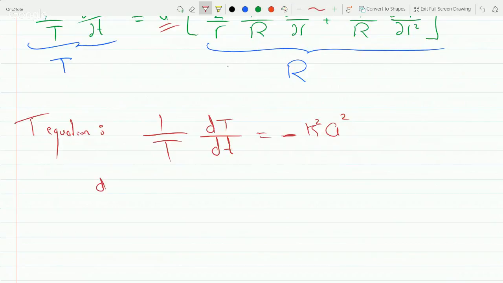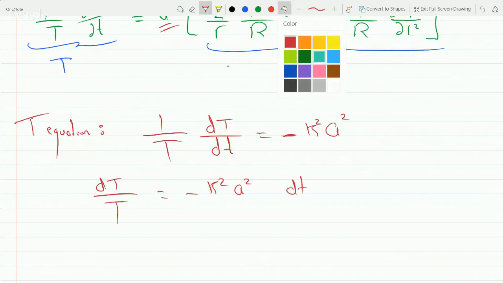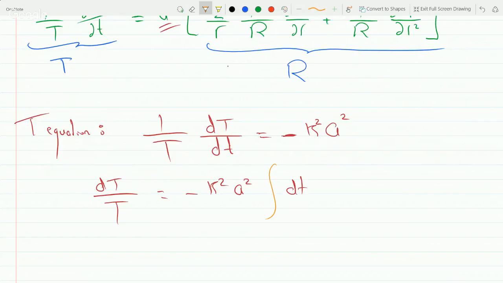So now we can make those straight derivatives. We have dT over dt is equal to minus k squared a squared T. Separation of variables, T in the dT here, integrate both sides, and so we get ln(T) is equal to minus k squared a squared t plus c.